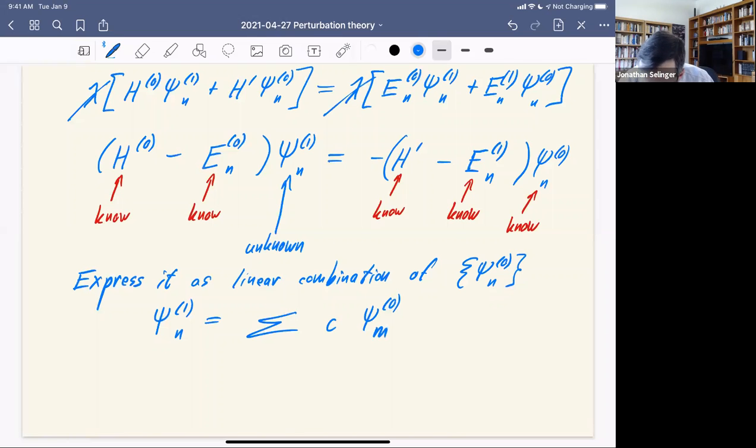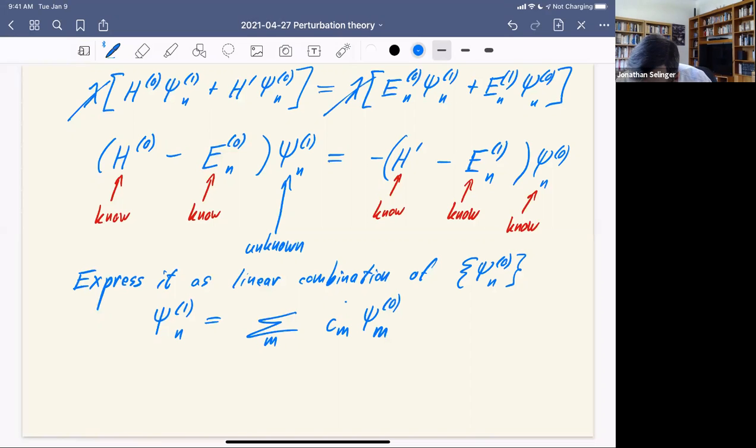So a sum of some coefficient sub m times psi 0 sub m, summed over m. Now, the coefficient that goes here will depend on whether you're expressing psi 1 for n equals 12 or n equals 13 or n equals 14.